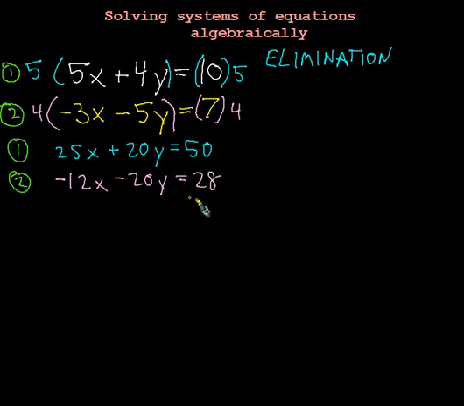Now my goal is to add these two equations together, and when I do, I'm hopeful that I'll get rid of one of the two variables, either x's or y's. I would so love it if you copied the notes down and practiced in class exactly the way that I'm presenting it to you. Notice how I put the parentheses around both sides and then put the plus sign out in front.